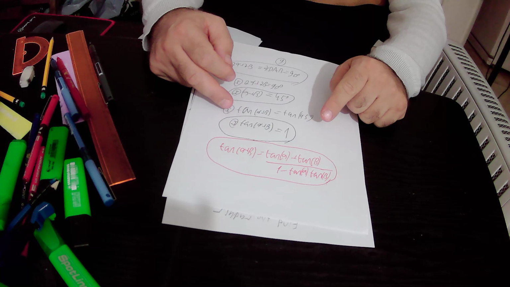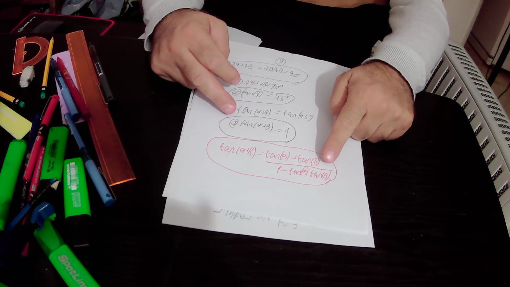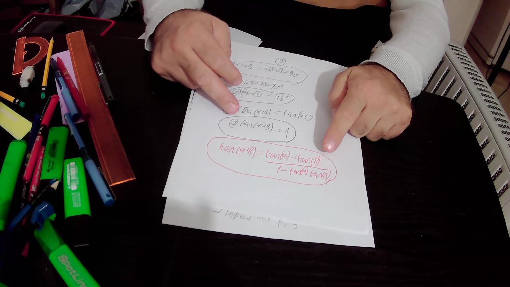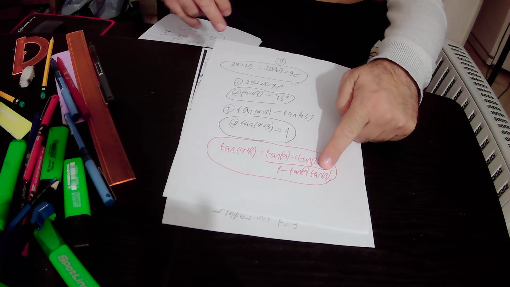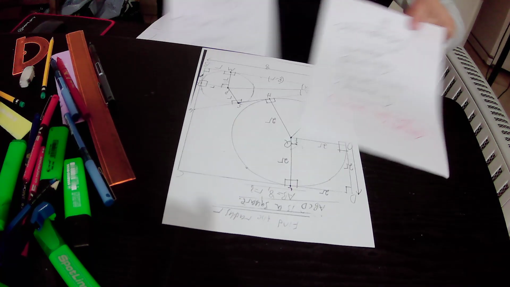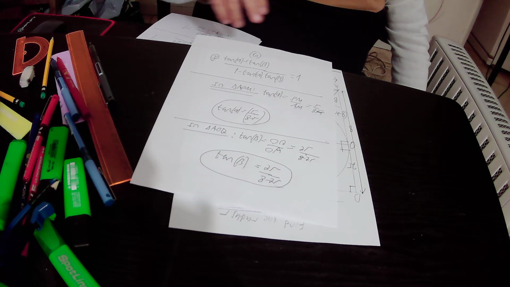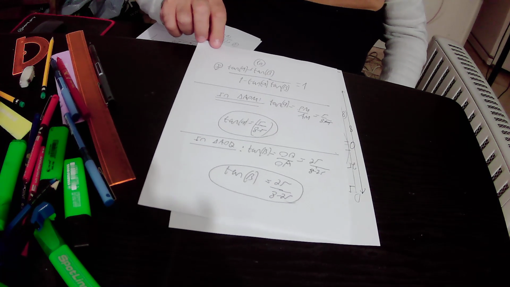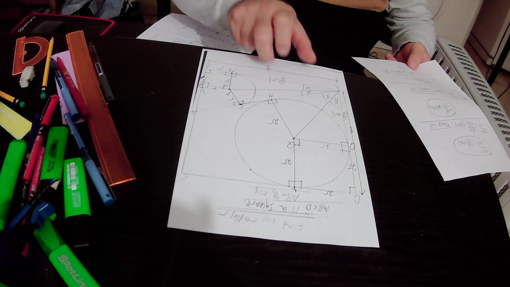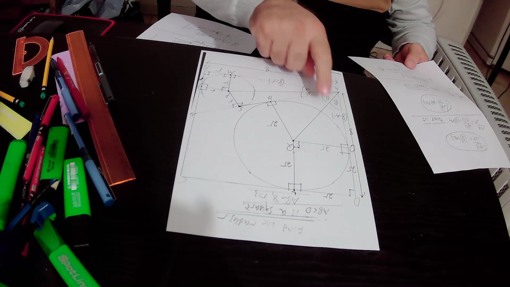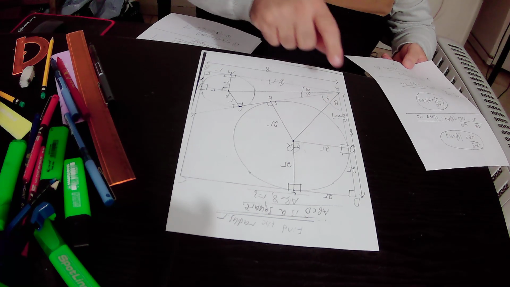And we have a trigonometric identity for tangent of alpha plus beta equal to this expression. So we substitute the tangent of alpha plus beta in equation number 1 by this expression. Okay, and then we found that tangent alpha equals R over 8 minus R, and from this right triangle we found that tangent beta equals 2R over 8 minus 2R.